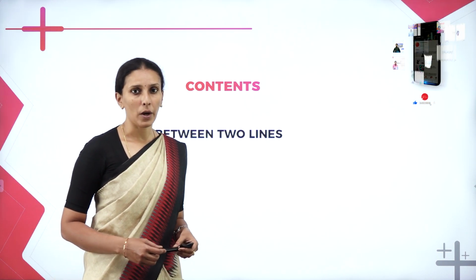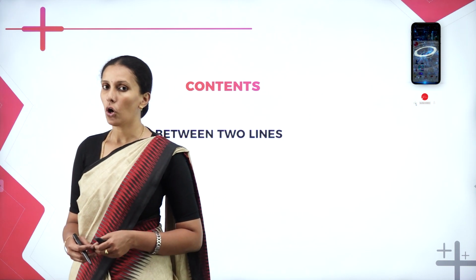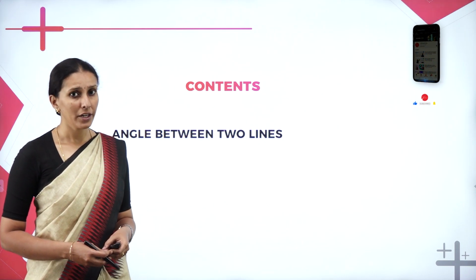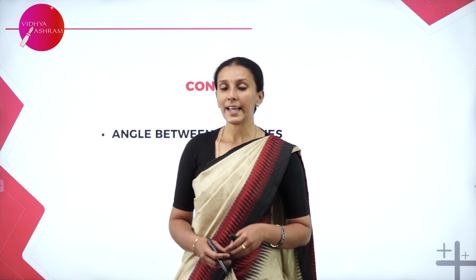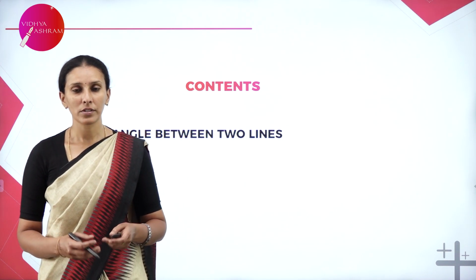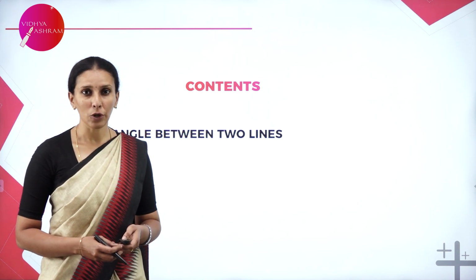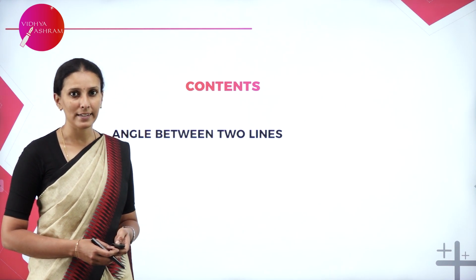So when we talk about lines in a plane, there may be many lines which are either intersecting or parallel to each other. When I talk about parallel lines, we know that the angle between them is always equal to 0. But when we say intersecting lines, it may be any angle, whose value will be equal for vertically opposite angles, and they are supplementary when it comes to adjacent angles.